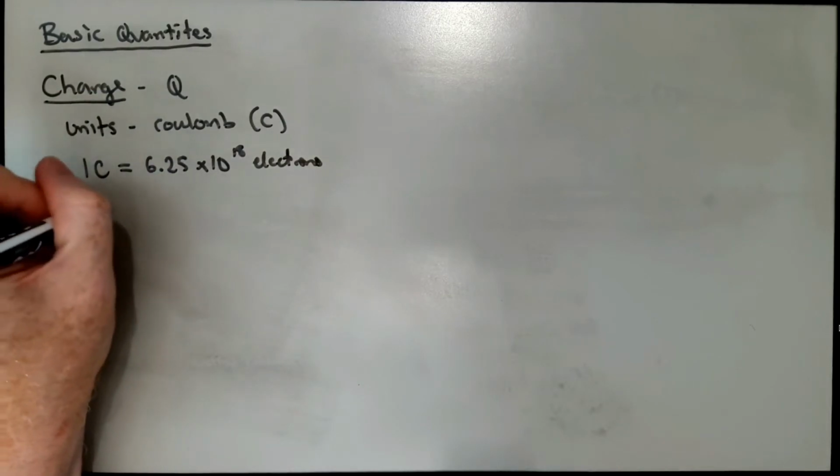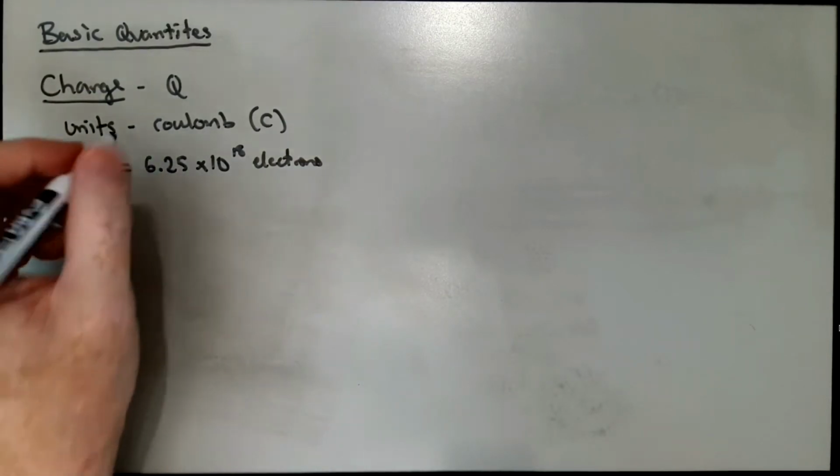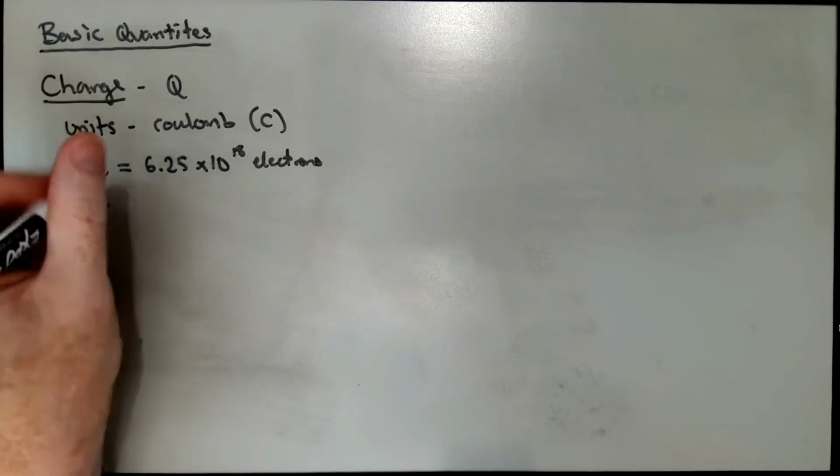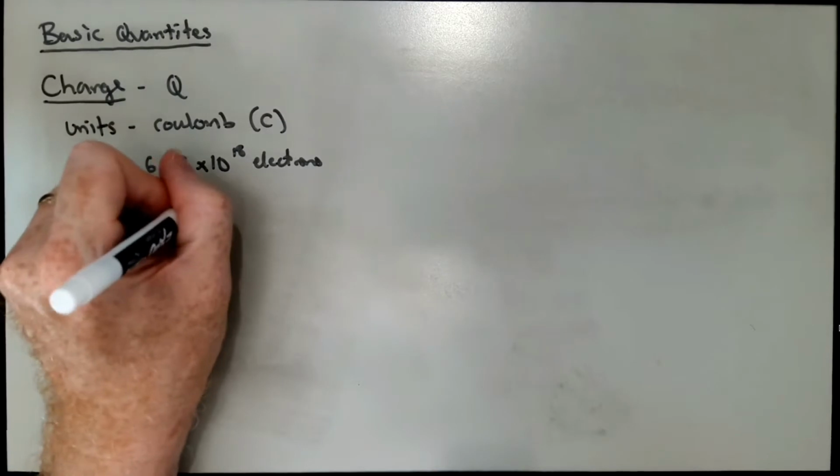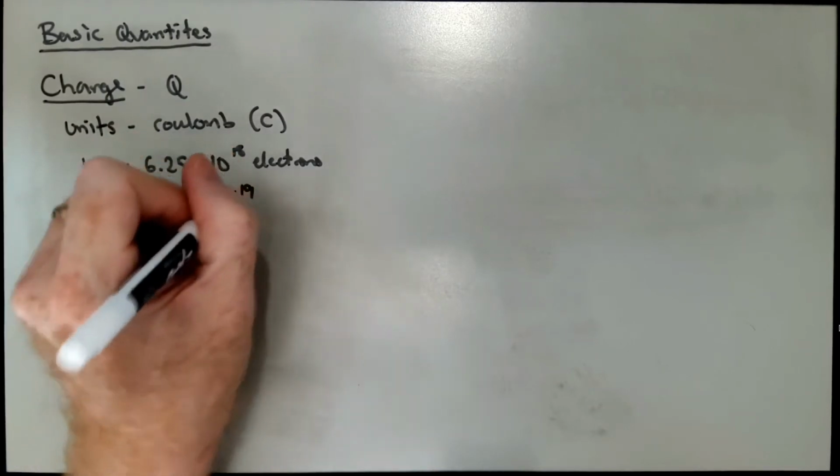And 1 elementary charge, which is the magnitude of the charge on an electron, or a proton, would be 1.602 times 10 to the minus 19 coulombs.